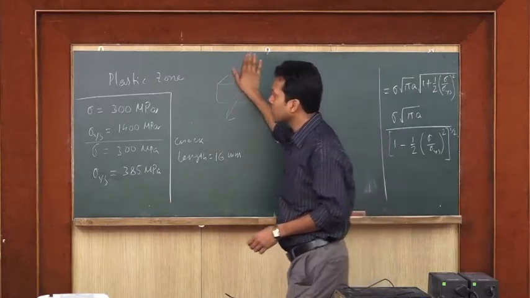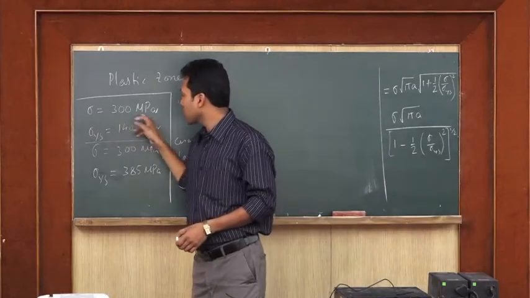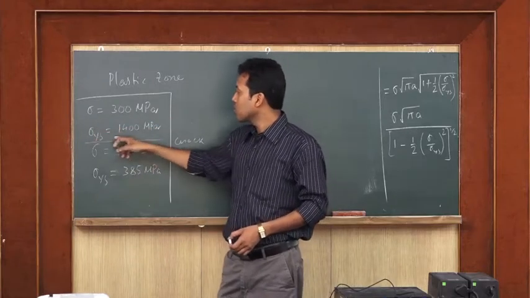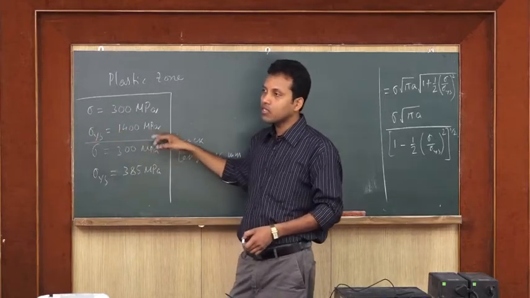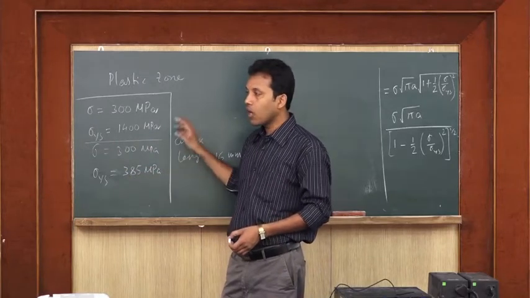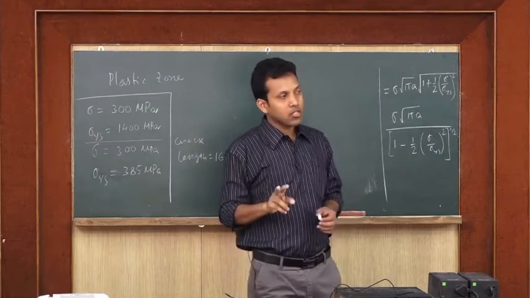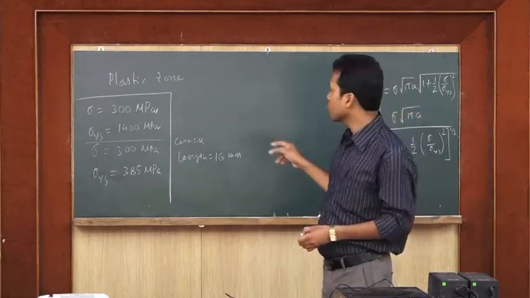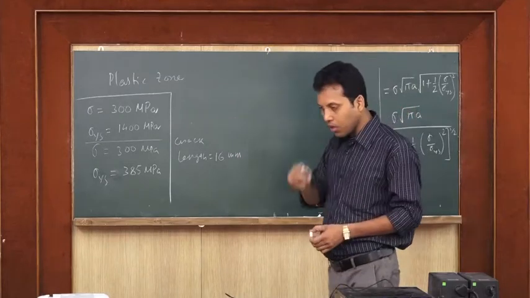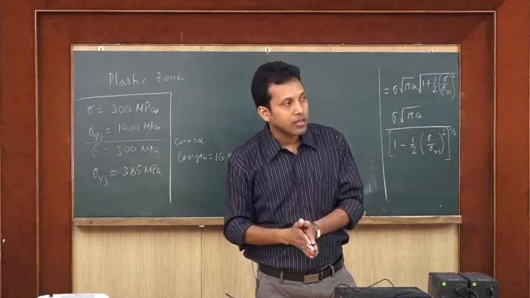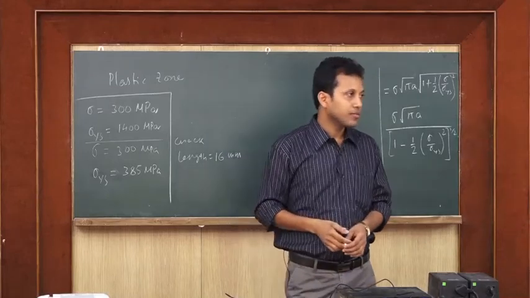So these are the things that you may require: sigma is the applied stress, sigma ys of the material is 1400, and in another case sigma ys is 385. So you have to calculate two sets of RP and two sets of K effective. That you do based on the equations available to you as per plane stress criteria. Okay.